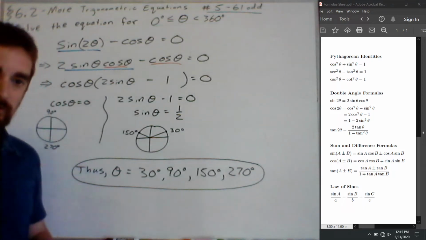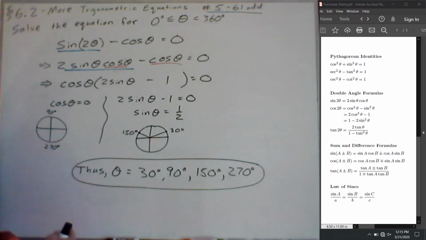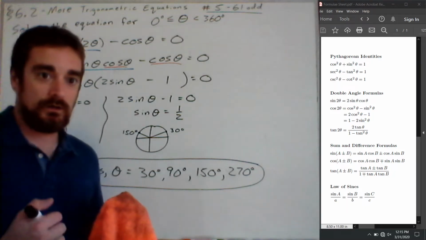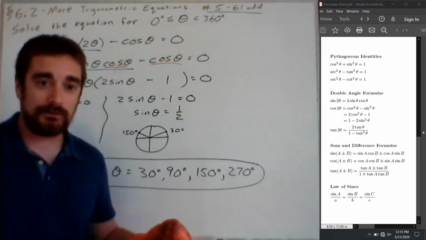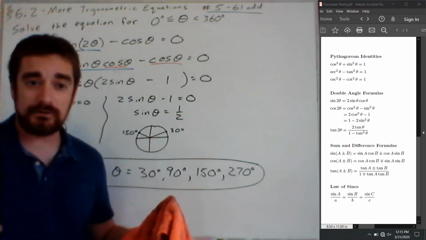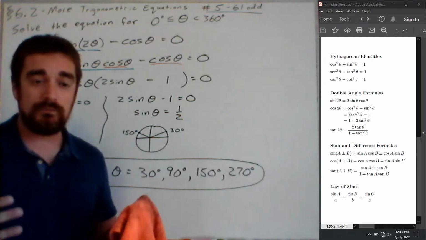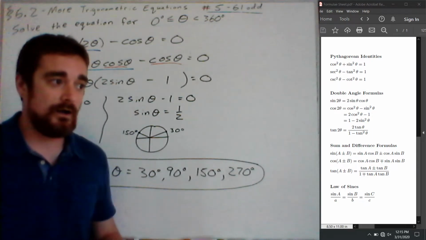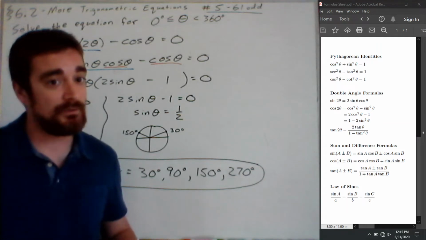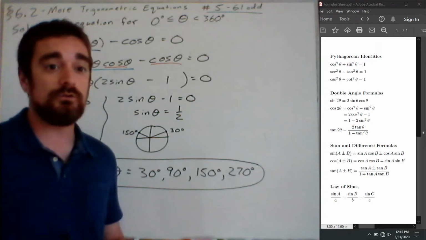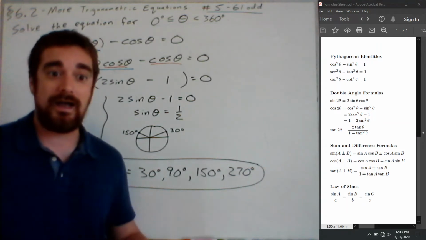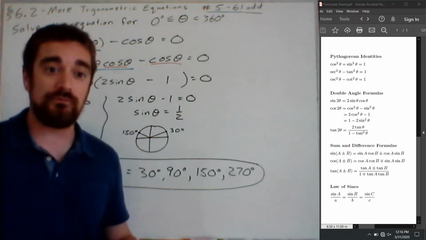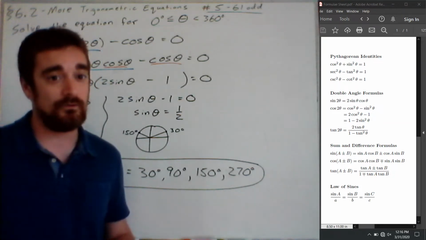We didn't see that in 6.1, but we know how to handle double angles, and that's always just a great way to look at these equations, especially at first when you're new to them and you haven't been exposed to them quite a lot. If you see a double angle, that's a big red flag to tell you need to use a double angle formula. If you see a half angle, that should be a big red flag that says you need to use a half angle formula.